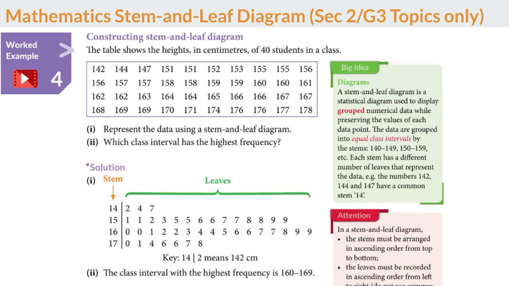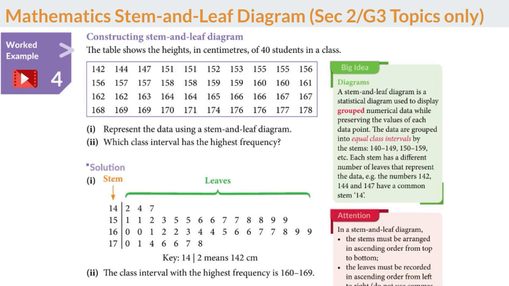So what does that mean? If I have 151 and now 151, then we look at the first row. If you have 142, 144, 147, your stem will be 14. So you write on the left hand side 14, then draw a line, so you can segregate the stem and the leaf.